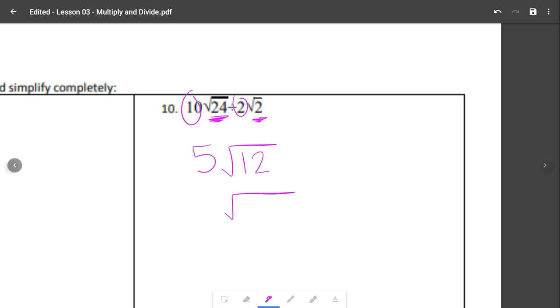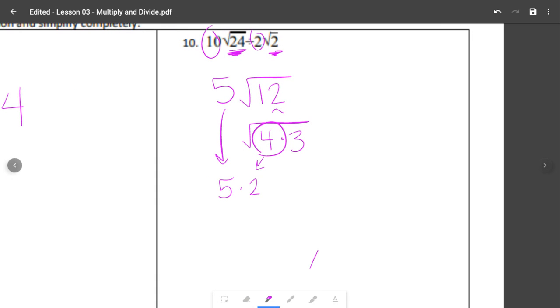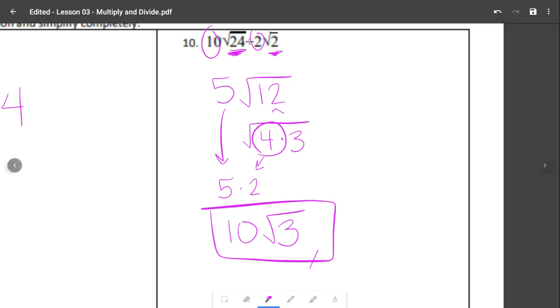And from here, we can simplify. 12 breaks up as 4 times 3, with the 4 being the perfect square. It comes out as a 2. Don't lose the 5 that was on the outside after we divided. So you should get here 10 radical 3 as your final answer.